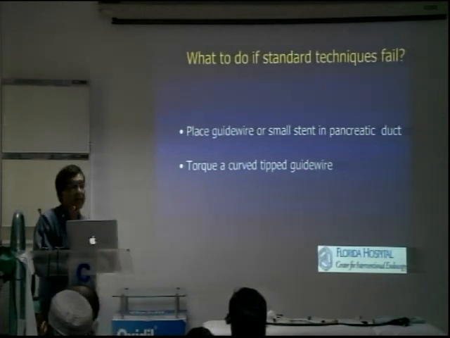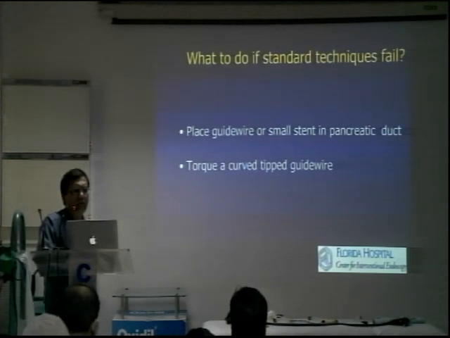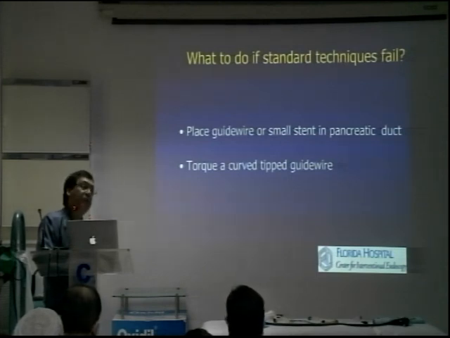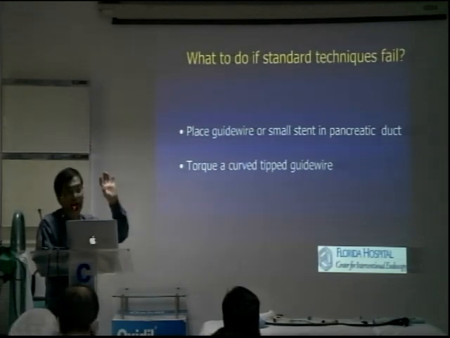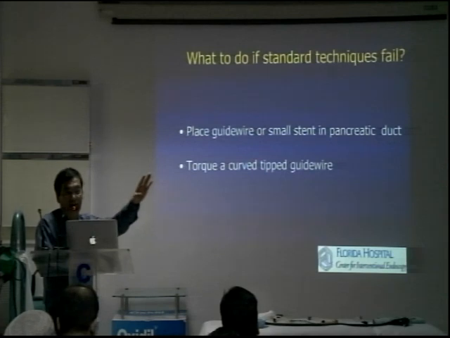Other times you can place a stent. Whenever you place a stent in the pancreatic duct, usually it's helpful with the biliary cannulation, but sometimes you can make it worse for yourself. The reason is the same thing: the septum goes up, and now you have completely shut it down.